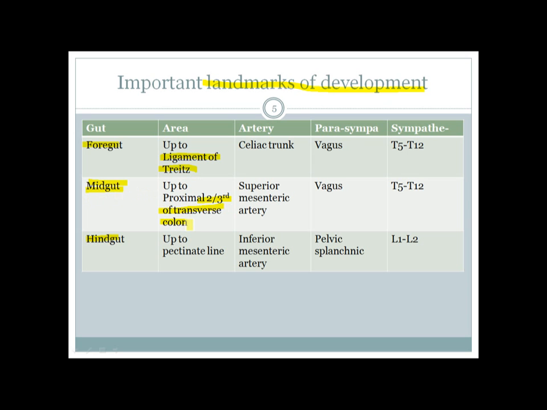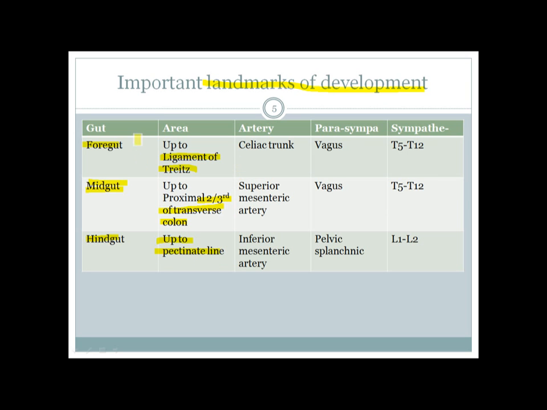Okay, so you will have development of third and fourth part of duodenum, jejunum, ileum, and then cecum, vermiform appendix, ascending colon, and then proximal 2/3 of transverse colon. And hindgut is the distal 1/3 of transverse colon and up to the pectinate line. So you'll have the distal 1/3 of transverse colon with descending colon, and sigmoid colon and rectum. So this is very important to remember.